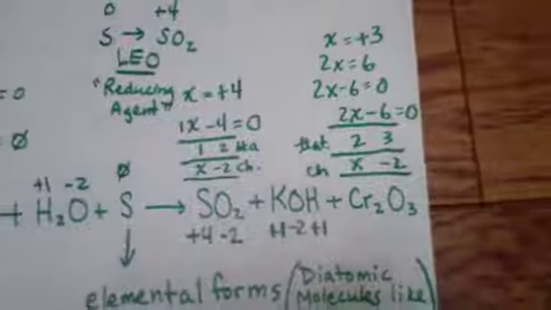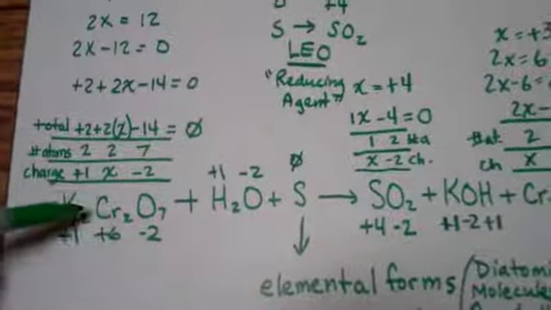So what has our chromium done from one side to the other side? Over here our chromium is +6. So as it's gone across the equation from the potassium dichromate to the other side over here, we can see our chromium was a +6 state for each of those chromium ions on the left side. On the right side, it's now +3. So has this gained or lost electrons? We are getting more negative or less positive, so to do this, it had to gain the electrons.